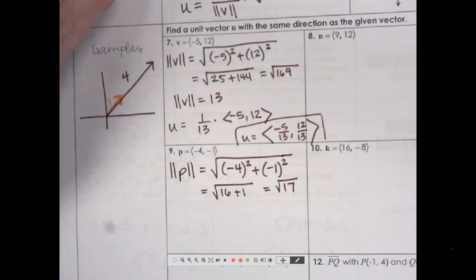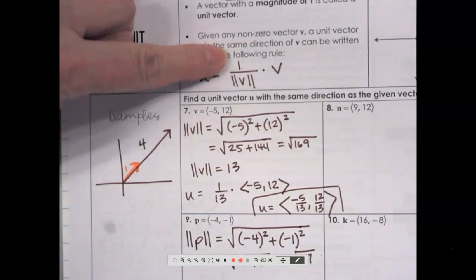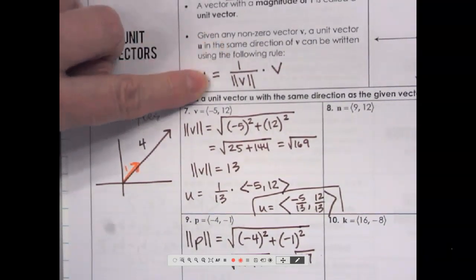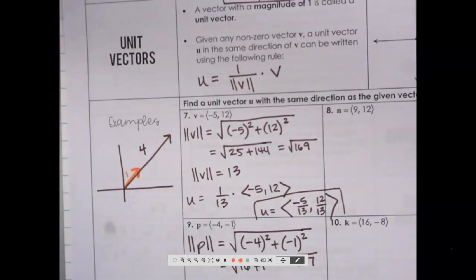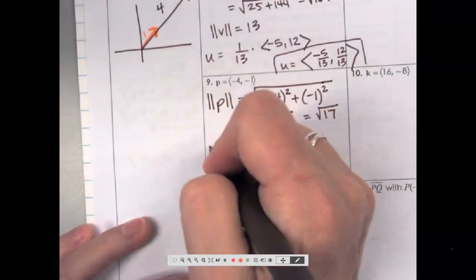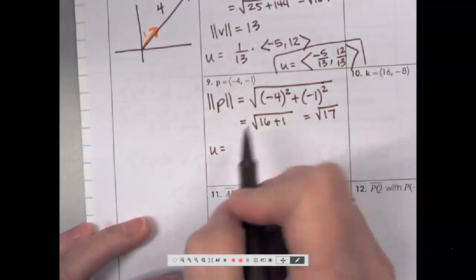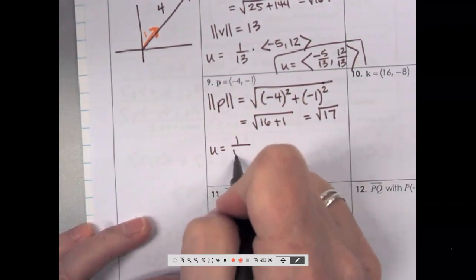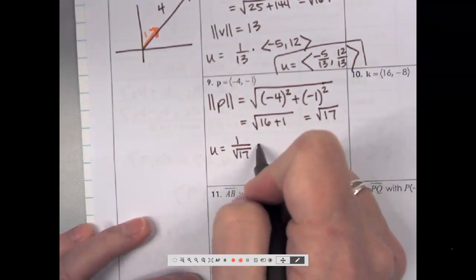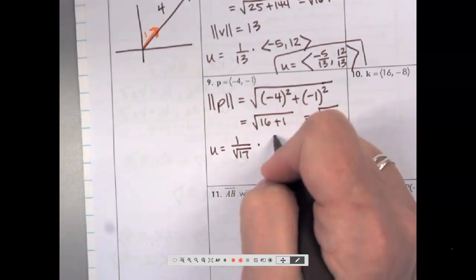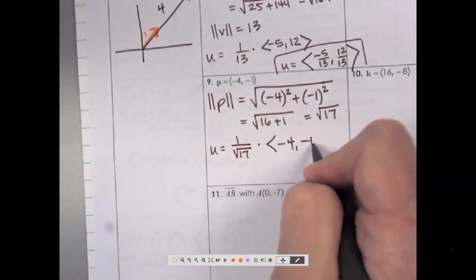So back up here to our rule, the unit vector will be 1 over square root of 17 times the vector. Unit vector is 1 over square root 17 times -4, -1.